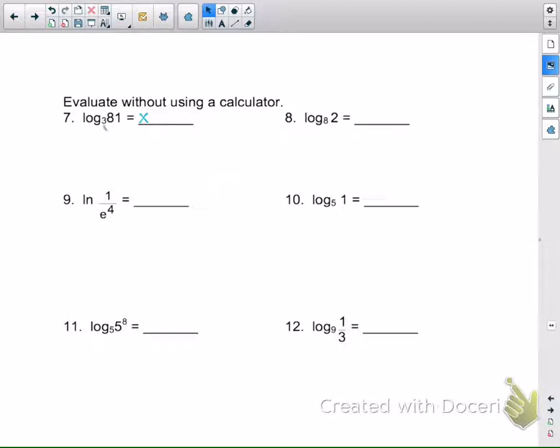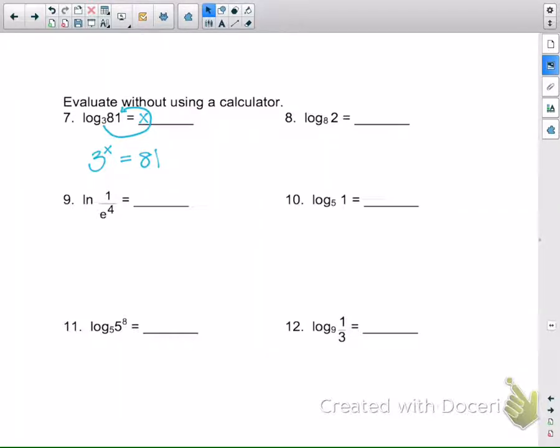I can then use my loop to rewrite this in an exponential form. So if I start at my base and draw the loop around, what exponential form would this be the same as in number 7? 3 to the x power is equal to 81. So this is now asking the question, 3 to what power gives me 81? Well, hopefully we know enough exponents to know 3 to what? 3 to the 4th, right?